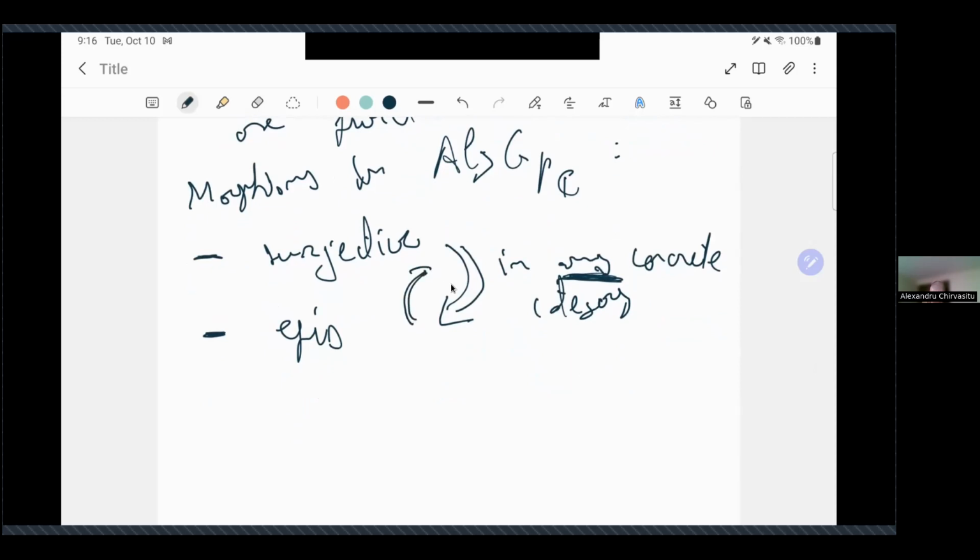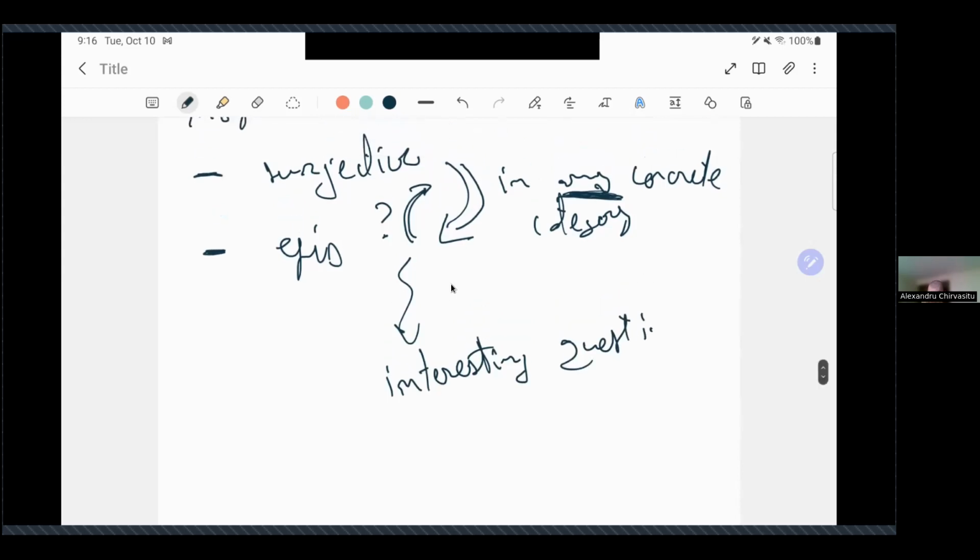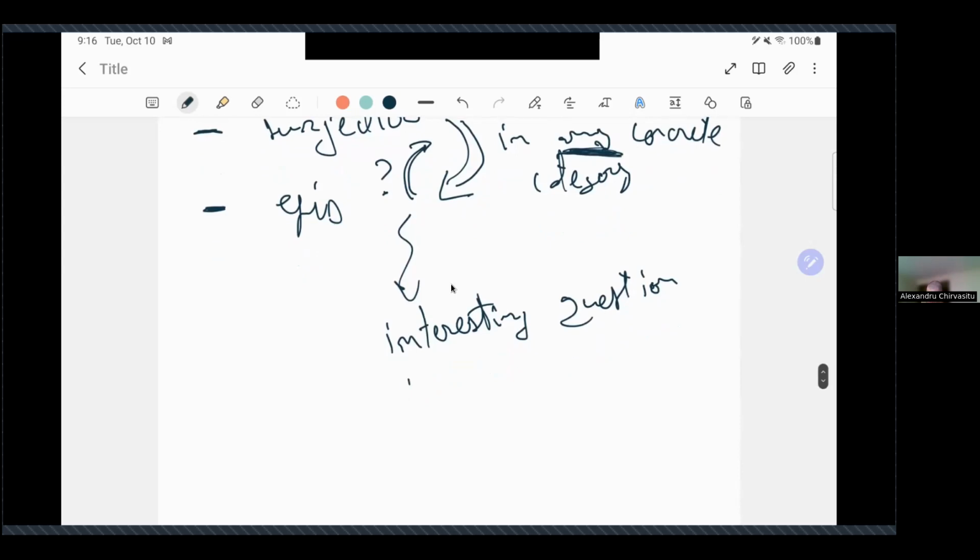So the converse, I'm going to mark with a question mark. And this is usually an interesting question. Are epimorphisms surjective? Well, it's interesting depending on the category. In some categories, it's more interesting than in others.